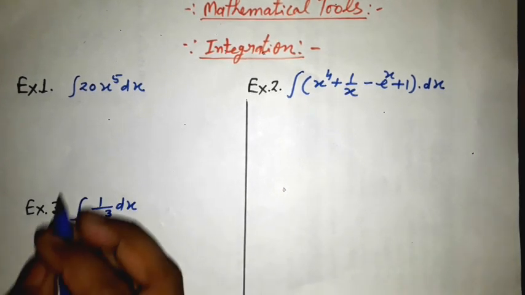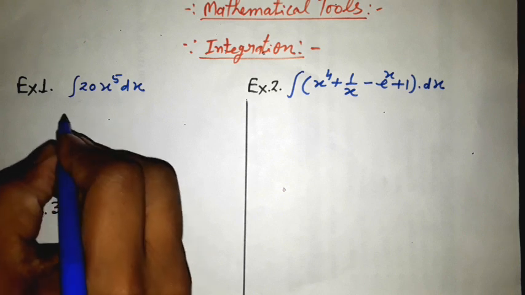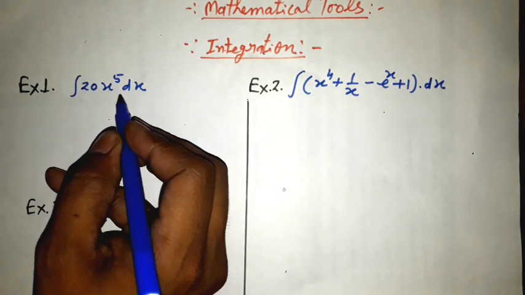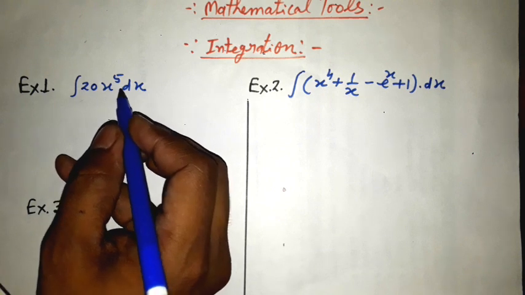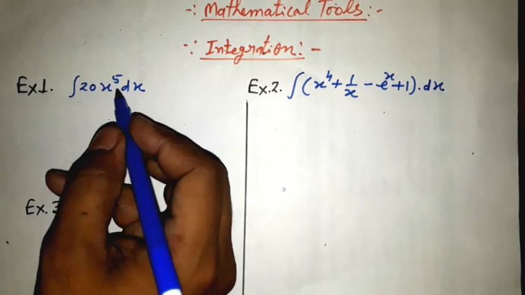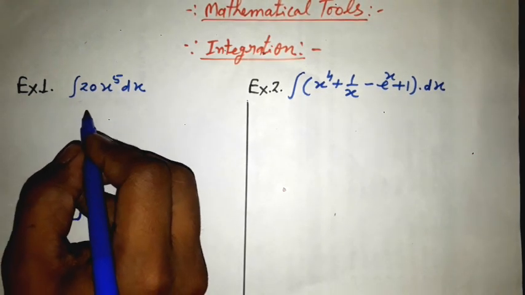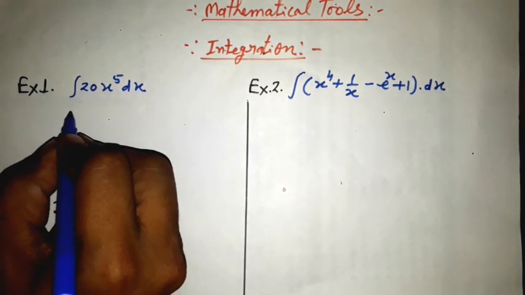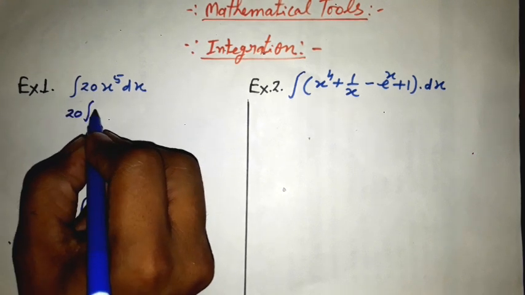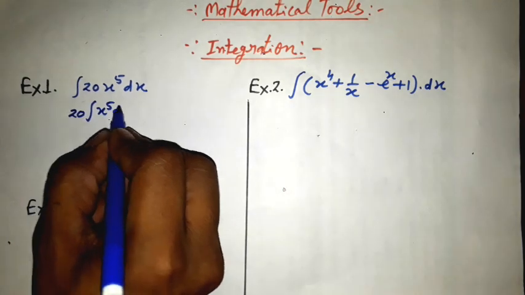First is integration of 20x to the power 5 dx. The formula for x to the power n is x to the power n plus 1 upon n plus 1, and the constant term 20 comes out of the integration of x to the power 5 dx.